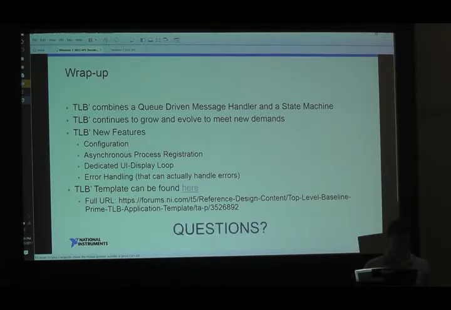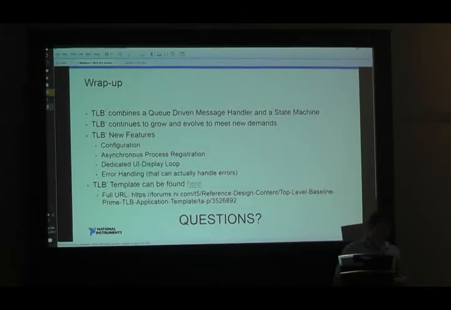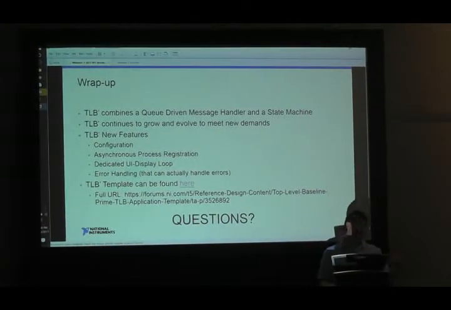And questions? Yes? So why do you choose to do queue event... Sure. So there's a couple of things that led to that. One, from just a cleanliness standpoint of the diagram, it made it a lot easier to follow in the sense of indicators go here, button presses go here.